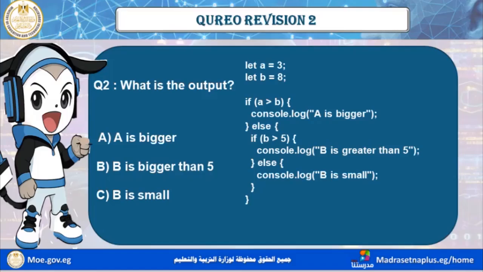A is equal to 3 and B is equal to 8, so the first condition is not met. We have to move to the second condition. Is B greater than 5? Of course yes, because B is equal to 8. The second condition is met, so the program will show on screen "B is greater than 5", which is the second answer.